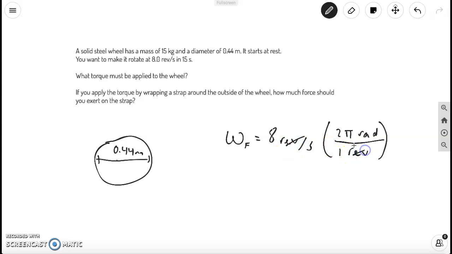Revolutions cancel out. We do 8 times 2 pi gives us, what does that give us? 3.4? No, hold on. That's the acceleration.